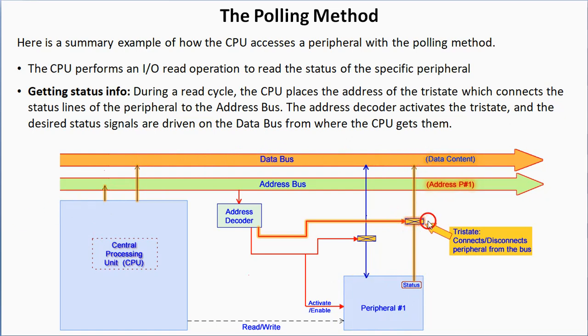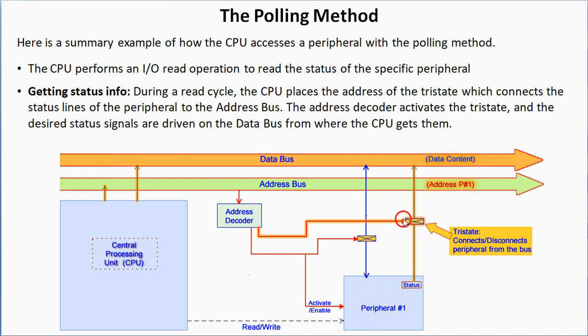Over here in this example, we have a tri-state that tri-states the status signal or signals that are generated by this peripheral. It may be just one signal indicating whether the peripheral is ready or busy, or it may be more than one signal indicating a variety of different states in which the peripheral may be.